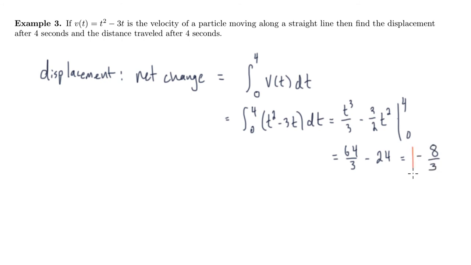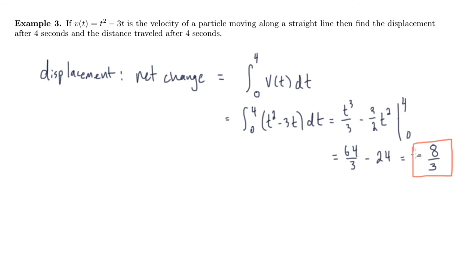So remember, this is the displacement. It wouldn't make sense if this was distance, because distance should be positive. But this displacement means that I ended up negative 8/3 steps, or whatever the units are, whether feet or meters, behind where I started.